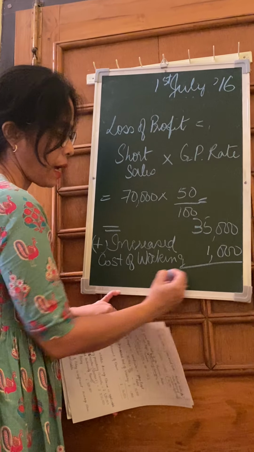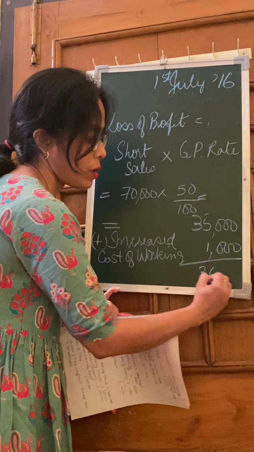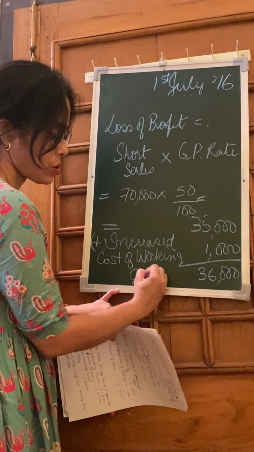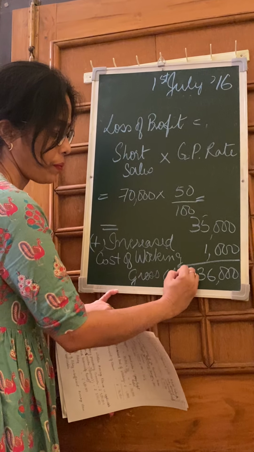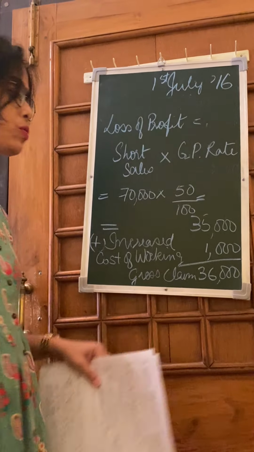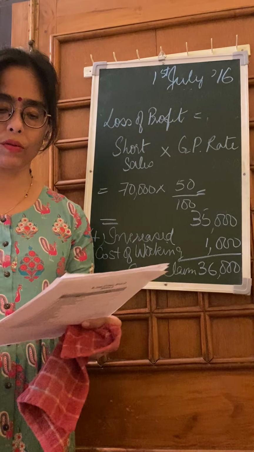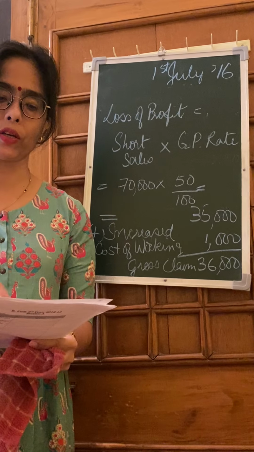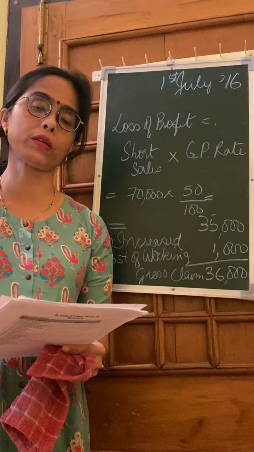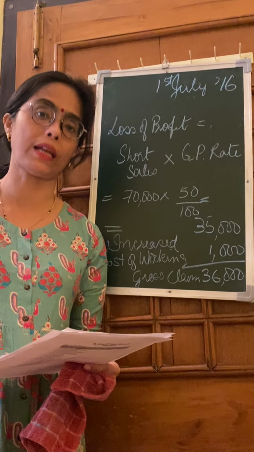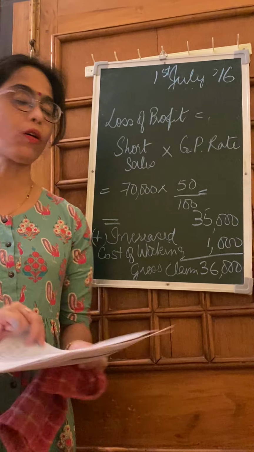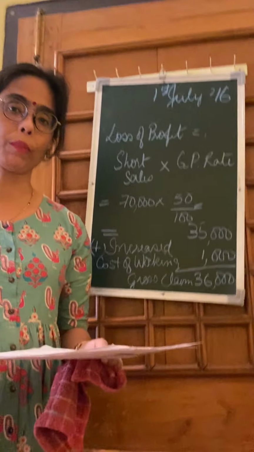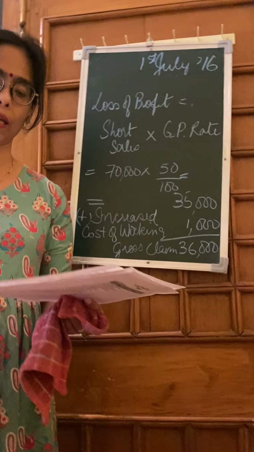So our claim comes to 36,000. Okay, so our gross claim comes to 36,000. Now we have to verify whether, in point number 1 in the question, the loss of profit policy value is 3 lakhs. We cannot calculate 3 lakhs as 30,000. We have to compare with actual sales that has taken place.